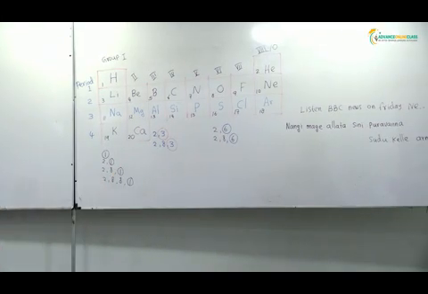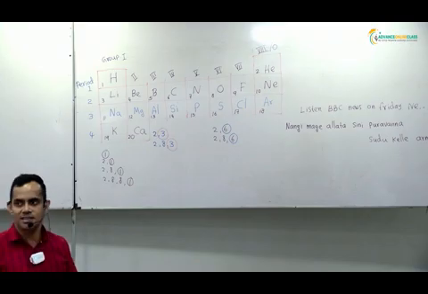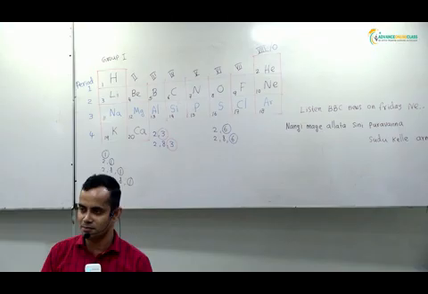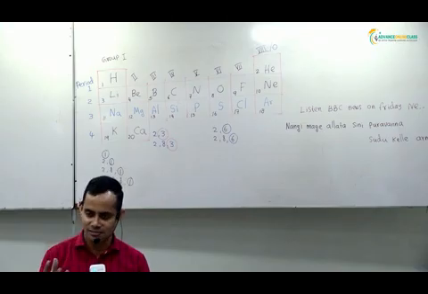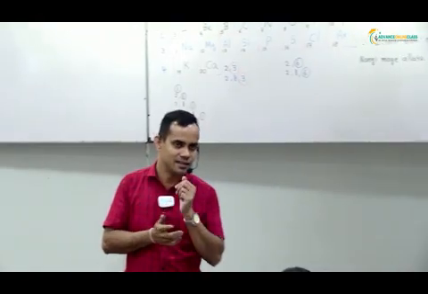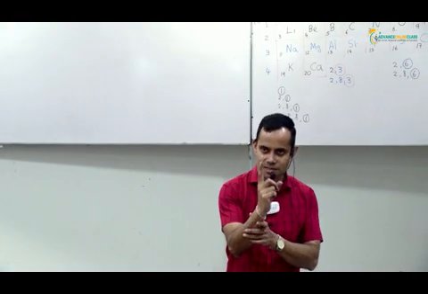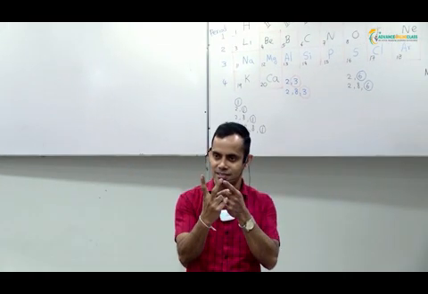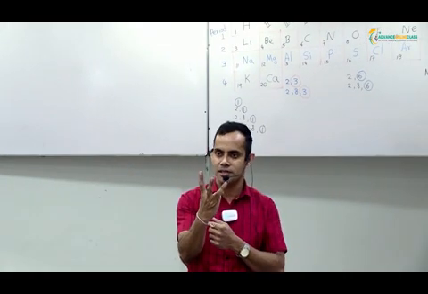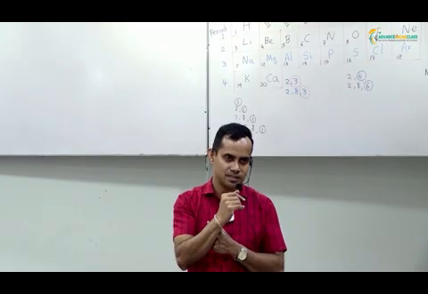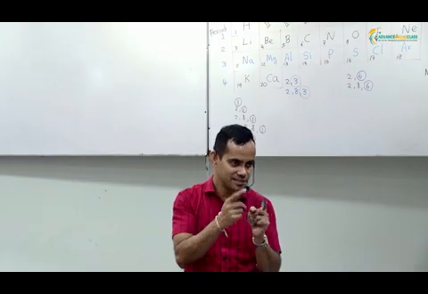When we want to place an atom in any period in the periodic table, we find how many energy levels (shells) are present in the atom. If one shell is present, period should be 1. If there are two shells, we place it in period 2. 3 shells, period 3. 4 shells, period 4. 5 shells, period 5. That's the factor. How many shells are there, that's the period.